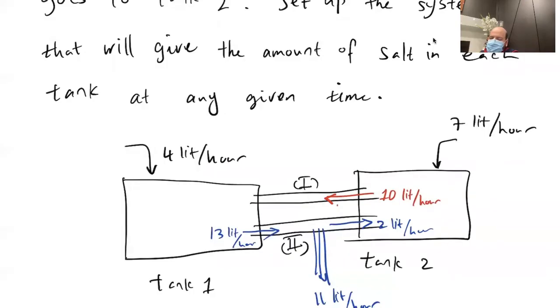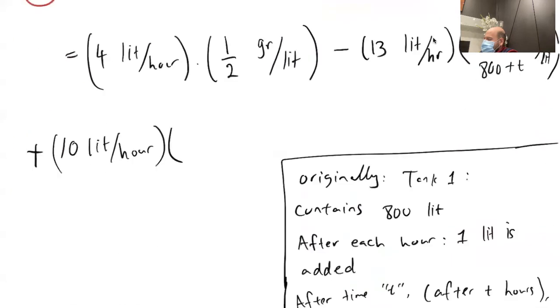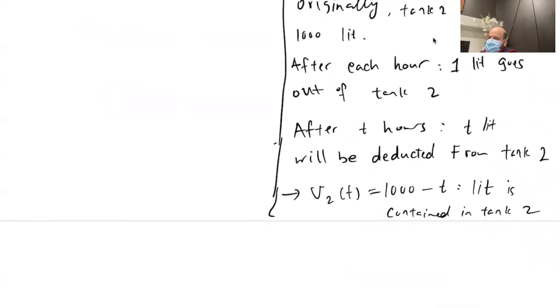Well, what is the amount of salt in tank 2 at time t? If you remember, we had a similar situation for tank 1. The amount of salt at time t in tank 2 is exactly the quantity that we want to find, and we denoted it by x2 of t. So x2 of t is the amount of salt at time t in tank 2. And how many liters do we have in tank 2 at time t? Again, we already calculated this here. We denoted it with V2 of t.